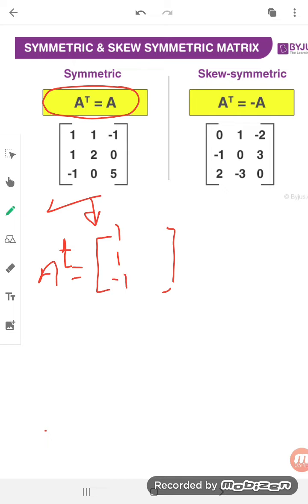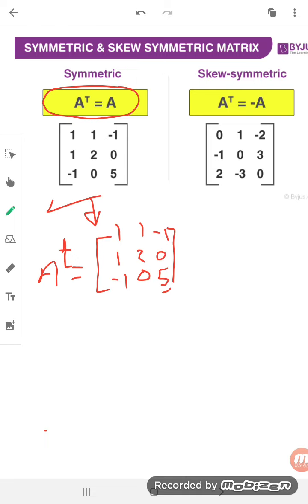The second 1, 2, 0 became 1, 2, 0, and the third negative 1, 0, and the 5. Pay attention. Now the transpose of this matrix is itself the same original matrix. So in this case, we say this matrix is symmetric matrix.